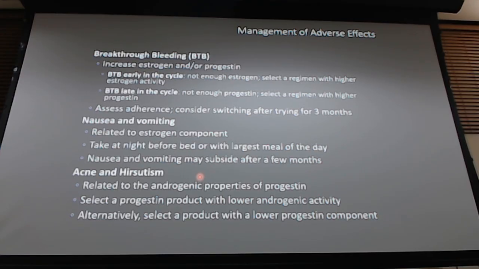So again, just trying to find something that has low androgen is going to be our goal, and that's trying to help clear up their acne. Or you can also look at something that has a lower level of progestin to try to help them clear up their acne, okay? So again, just manipulating the levels of my estrogen, progestin, or my androgen is what's going to help me control my patient and the adverse effects.